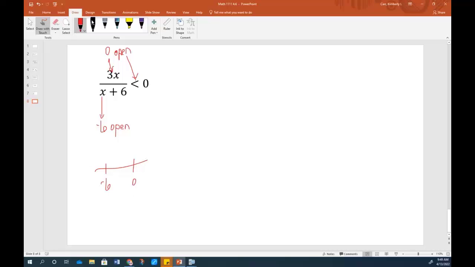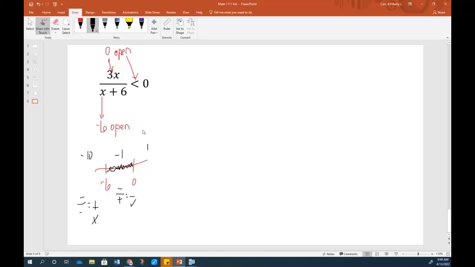So now I have 3 regions to test. Maybe -10, -1, and 1. Okay, because you're just picking numbers there. If I plug in a -10, the numerator is negative, the denominator is negative, so the entire thing becomes positive. But I'm wanting less than 0, so that one does not work. If I plug in a -1, the numerator is negative, the denominator is positive, so the entire thing is negative, which is what I want.